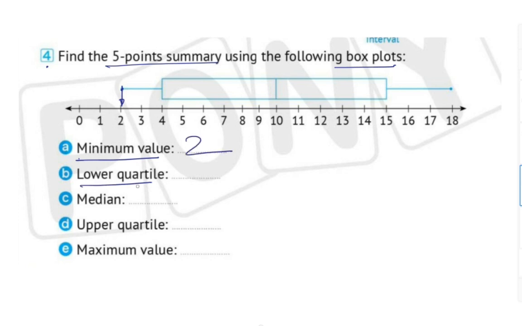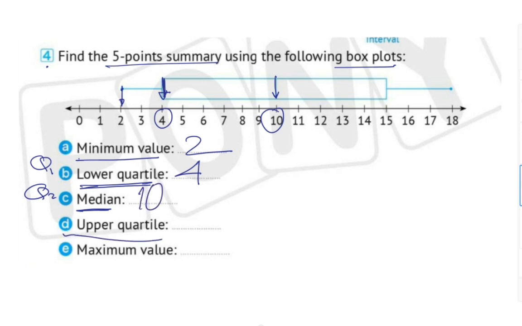The lower quartile, Q1: this line shows us the value of the lower quartile, 4. The median, I can call it median or Q2. This line leads us to the value of the median.